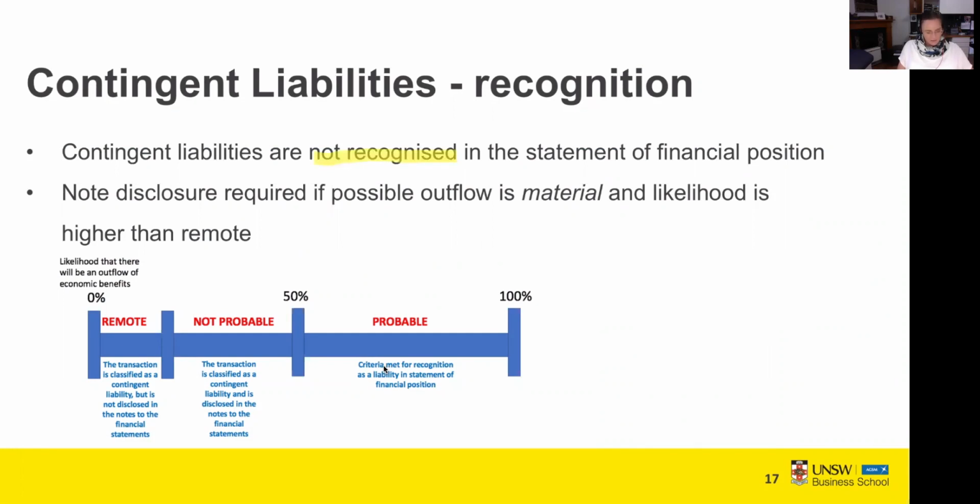They are, however, disclosed in the notes. Now, we don't necessarily disclose all contingent liabilities in our notes. We only disclose those where the outflow is likely to be material and the likelihood is higher than remote.